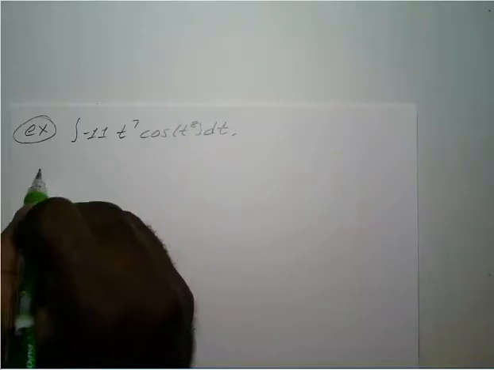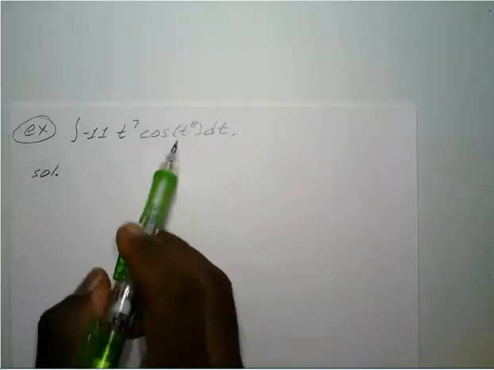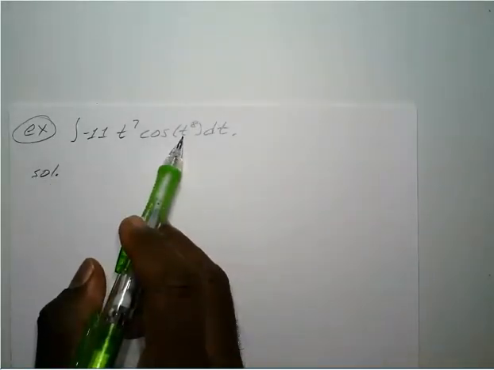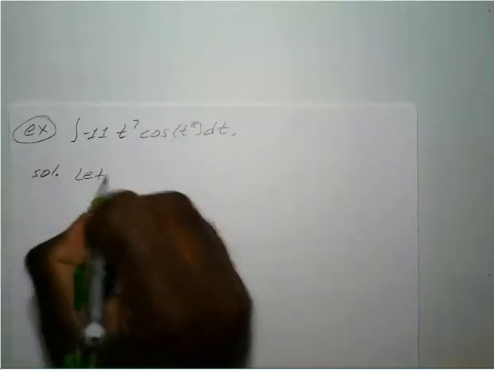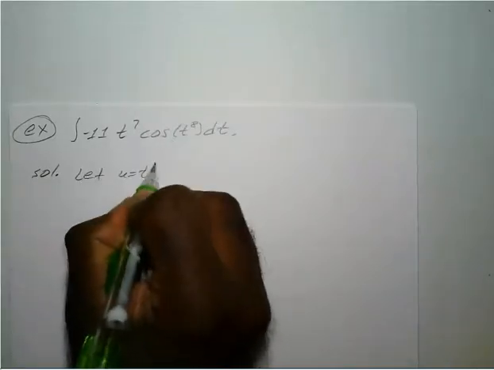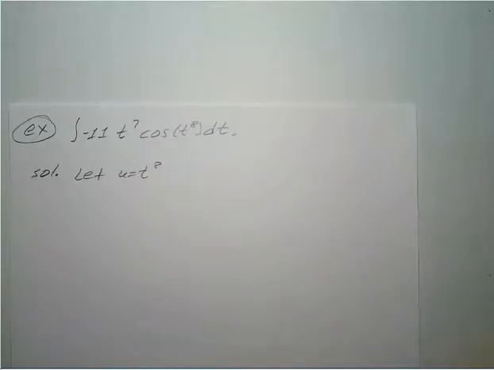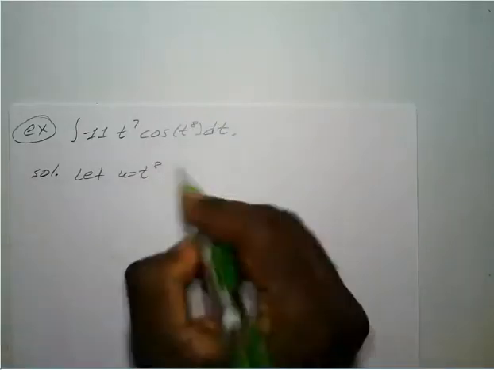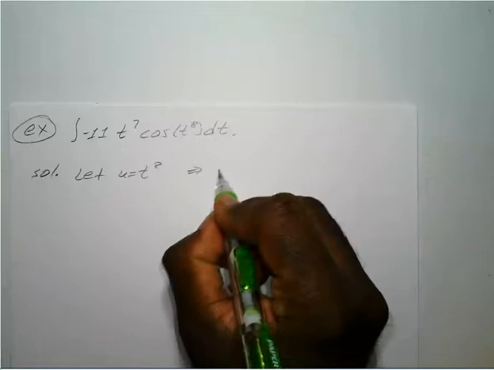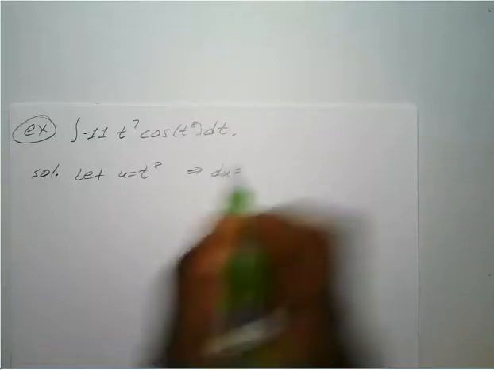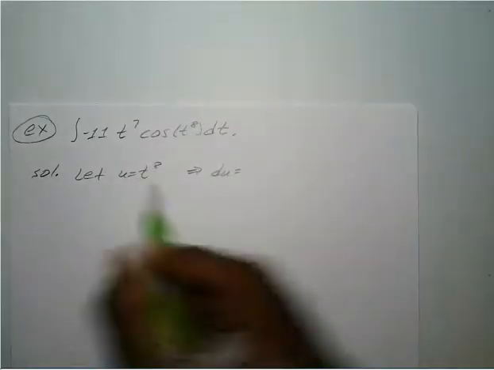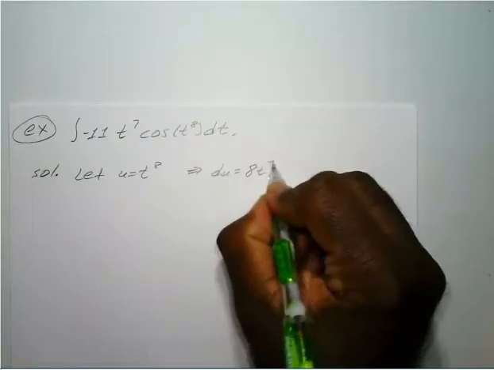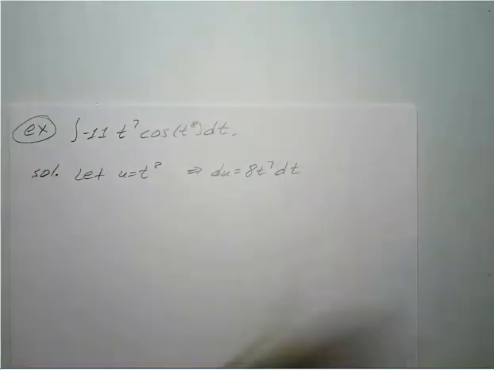To solve this, we're going to let u equal what's inside of our cosine parentheses. So we'll let u equal t to the 8th power, which means our differential du is equal to 8t to the 7th dt.